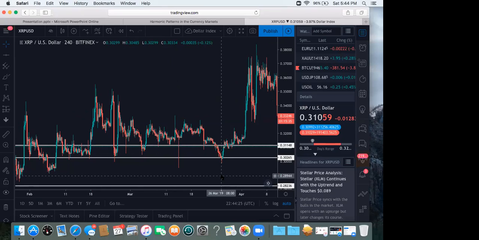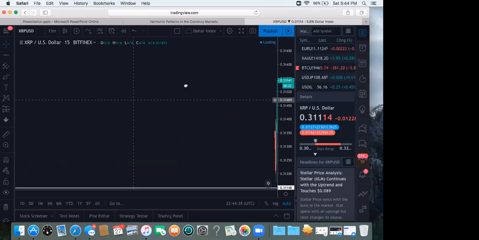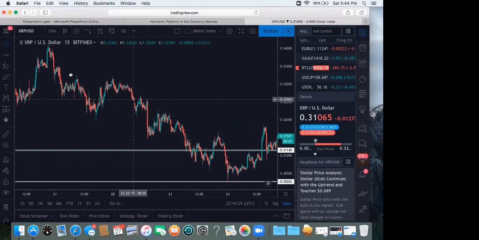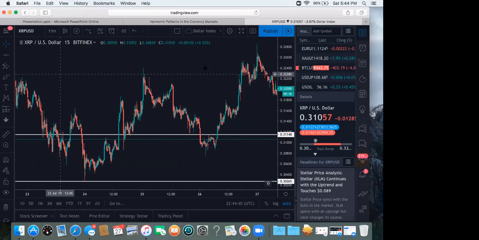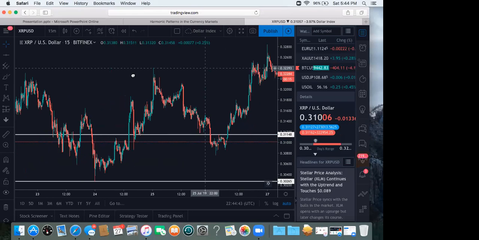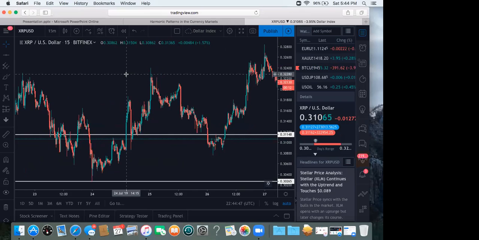I use the cloud. That's probably the only indicator I use, the cloud and also the harmonic patterns. It's probably about it. So let's try the 15-minute. I'm trying to find the best entry to put you guys into a buy. All right. Because buys and sells are a little bit different.